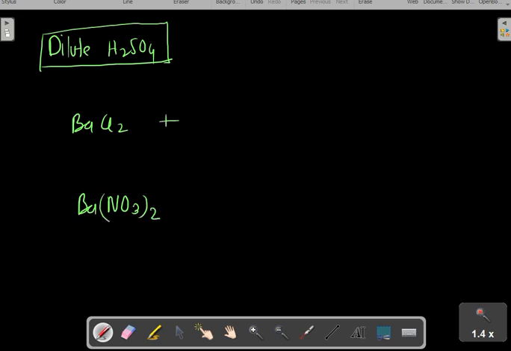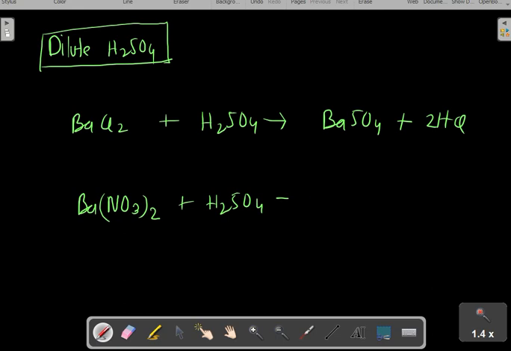If you add the barium chloride into the dilute H2SO4, you will obtain barium sulfate, that is BaSO4, and HCl. Again here you can see H2SO4 gives BaSO4 plus HNO3.